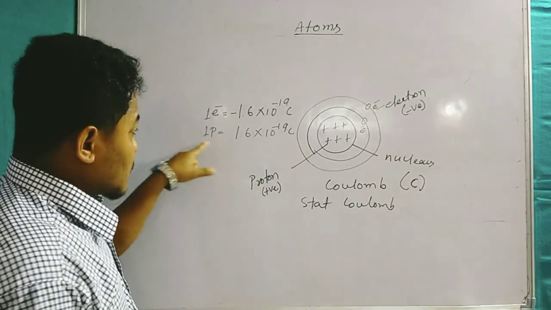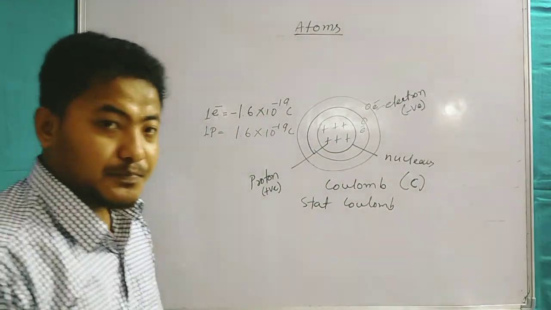And in one proton, the amount of charge is 1.6 into 10 to the power minus 19 coulomb.